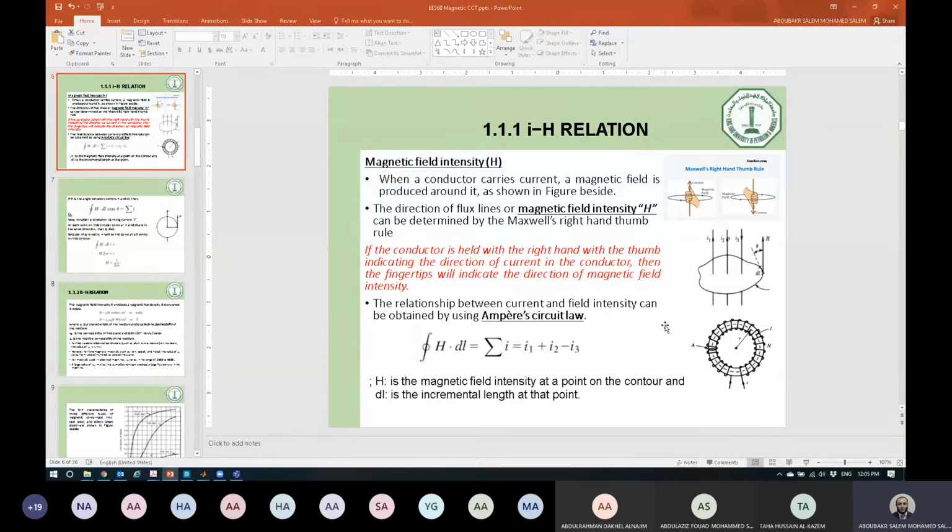Okay, and we used the Maxwell right-hand thumb rule to identify the direction of flux lines according to the corresponding currents. And also, we used Ampere's circuit law to define the relation between flux intensity and the corresponding current.